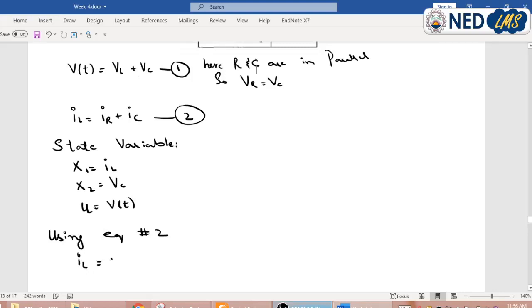Similarly, IR is no more our state variable, so I would like to write this variable in terms of state variables. So I can write it as VR over R. IR is equal to VR over R, and VR can be replaced by VC over R, because these two elements are in parallel.